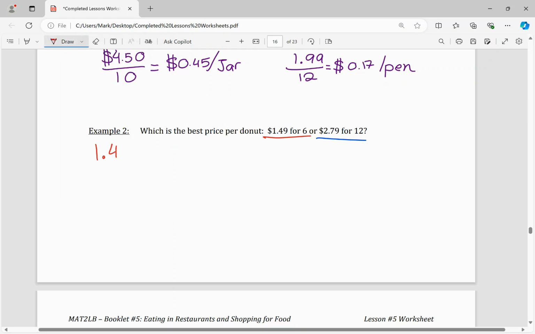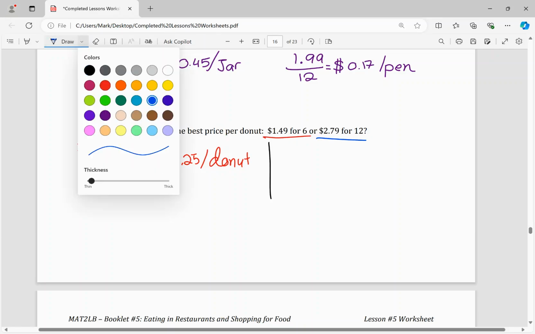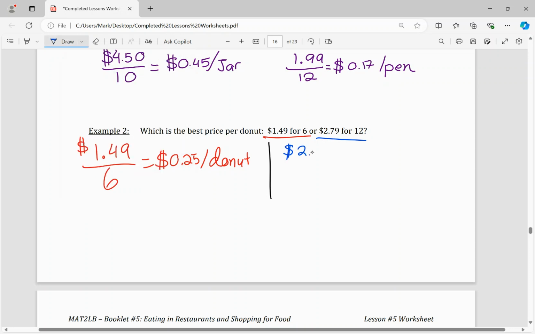Now, if I take $1.49, divide it by 6, I find out that we are spending 25 cents per donut. Comparatively, if I take $2.79 and I divide it by 12, I find out that we are paying 23 cents per donut.